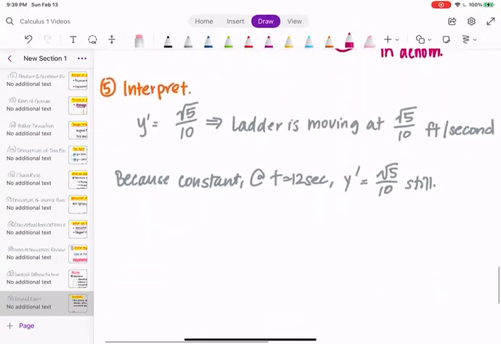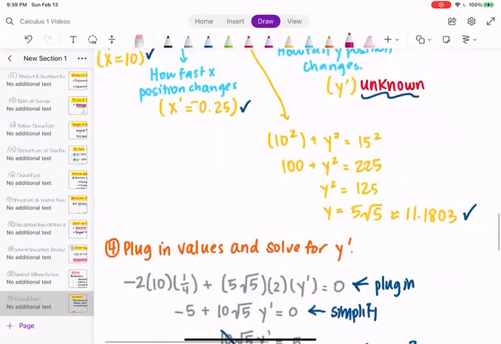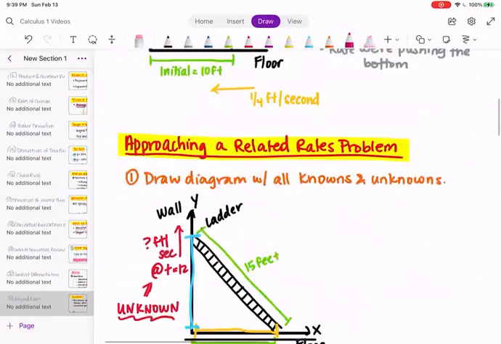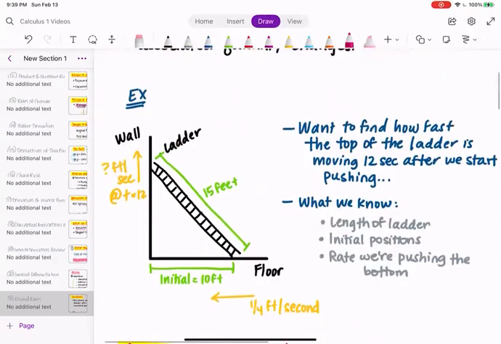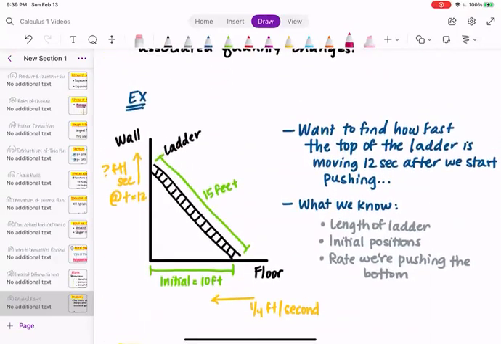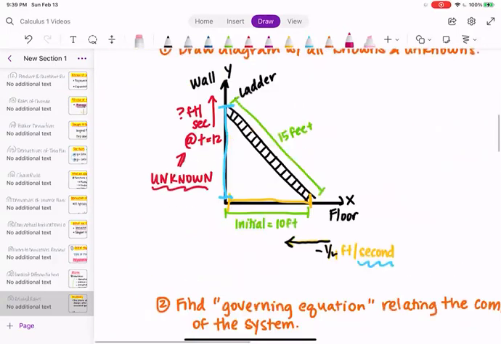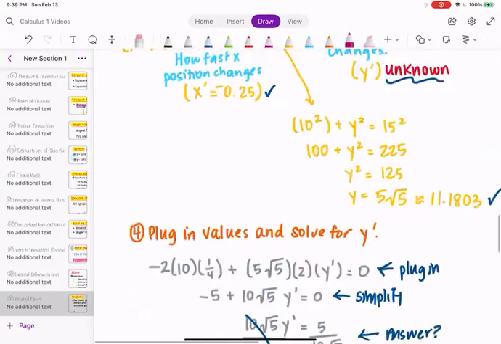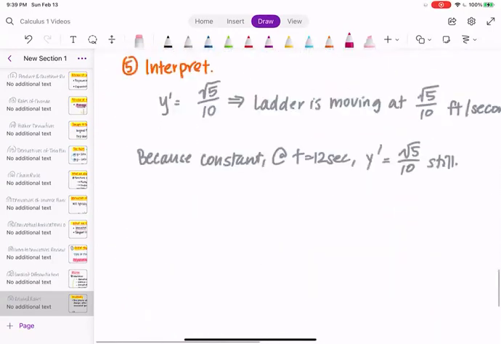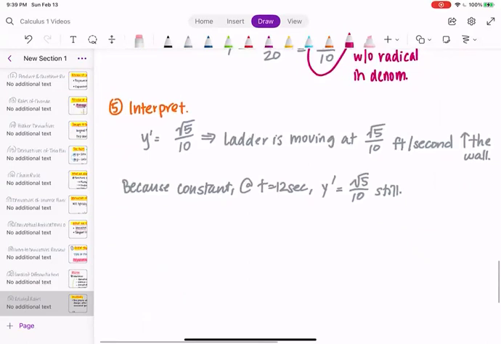And then the last thing is to interpret it, right? So it was asking us in the original question way up here, we want to find how fast the top of the ladder is moving 12 seconds after we start pushing it, right? So if we scroll back down to here, we know that the height of the ladder is changing. It's getting higher at square root of 5 over 10 feet per second, right?